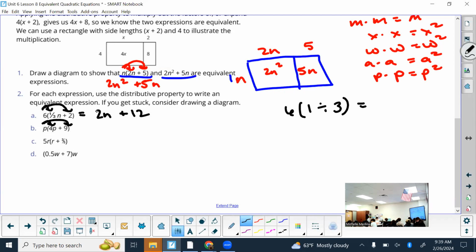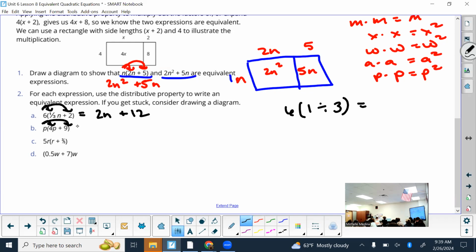So the calculator could do the numbers for you, but it can't do the times by variables. If your calculator is doing that, know that that's not one you'd be able to use on a test. You'd have to know that n times n is n squared and whatever. So stick to Desmos or like a real calculator. Table 8. What about when I distribute p?